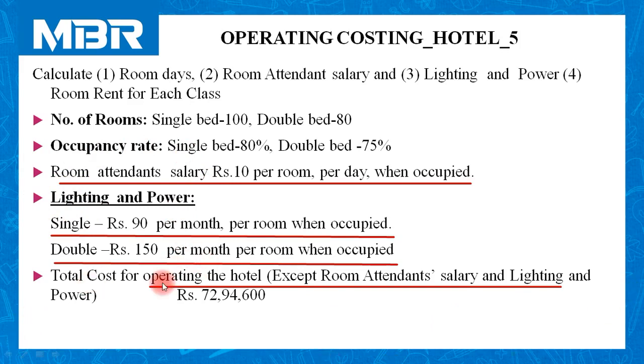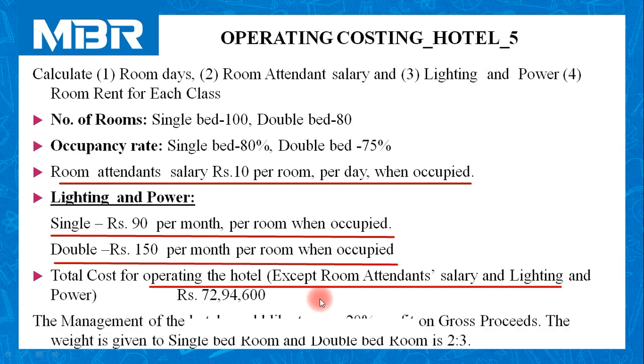Obviously, if these expenses were included in the total cost, we would not be supposed to calculate them. But it is intentionally not included so that we can calculate room attendant salary and lighting and power using our own logic.